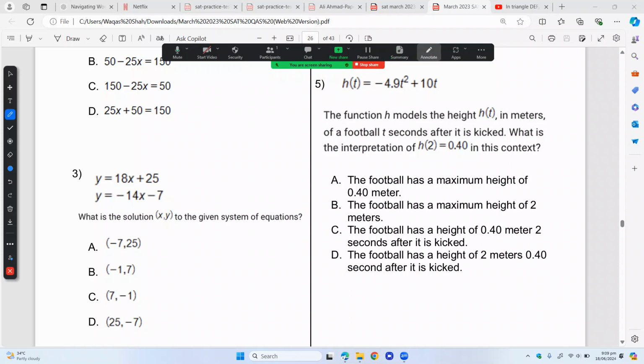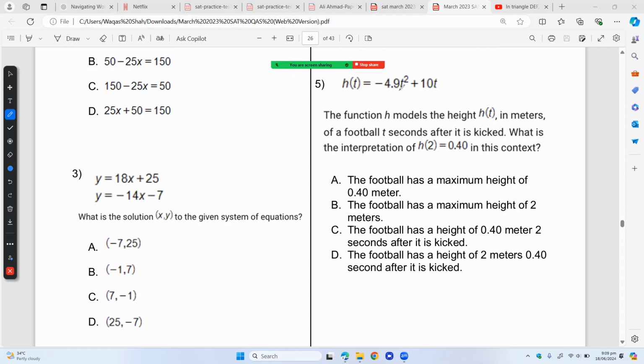In question number 5, an equation is given. h of t is equal to minus 4.9 t square plus 10 t, and the function h models the height h of t in meters of a football t seconds after it is kicked.